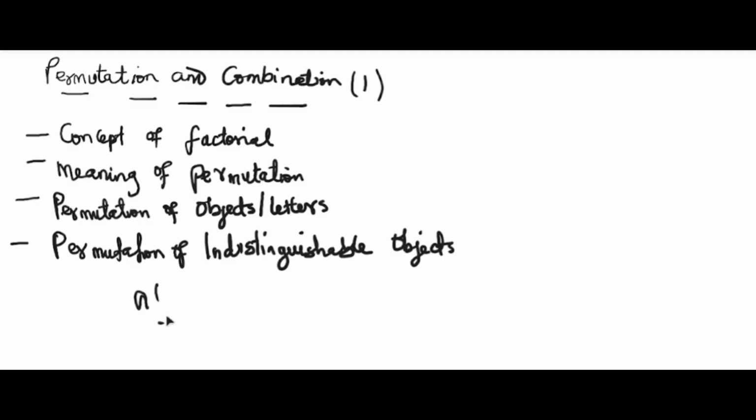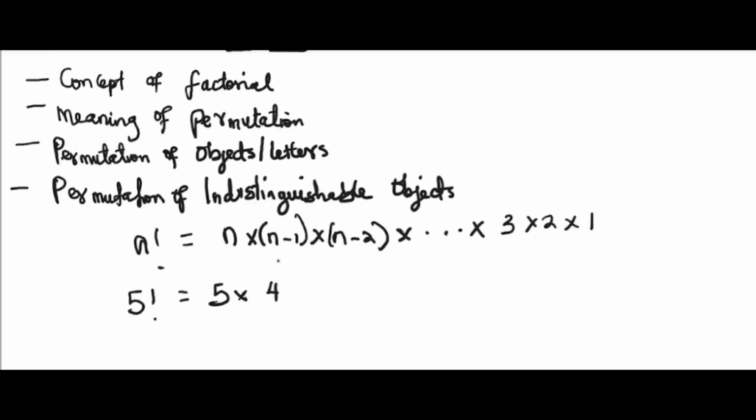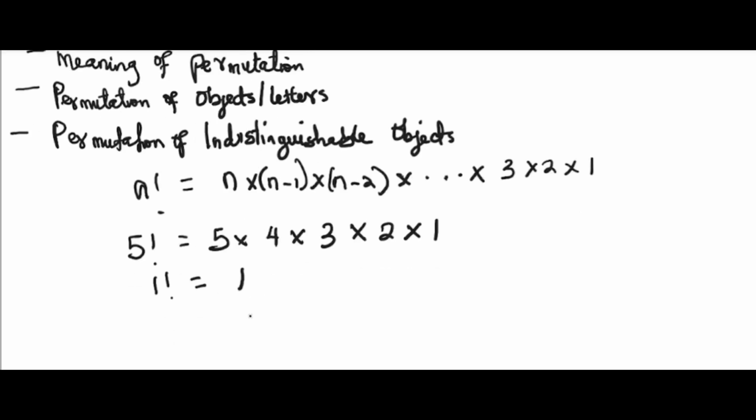All right? So now, if I have n factorial, what are the numbers less than n? n times n minus 1, times n minus 2, and so on, times 3 times 2 times 1. We stop there. All right? So now, 1 factorial is what? Is 1. Why? There is no other positive number less than 1.